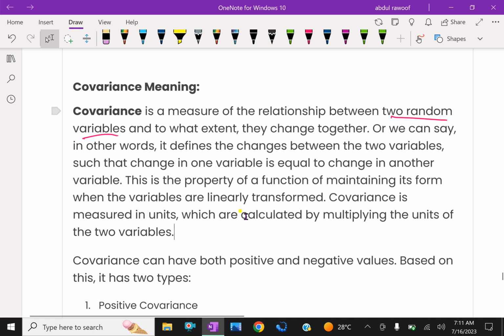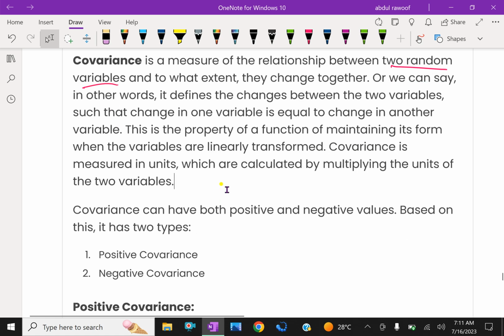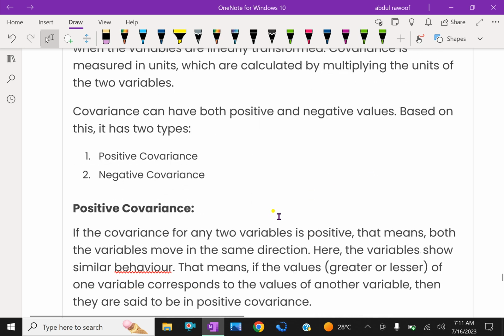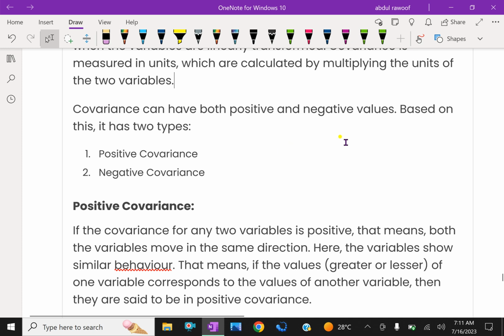This is the property of a function of maintaining its form when the variables are linearly transformed. Covariance is measured in units, which are calculated by multiplying the units of the two variables. Covariance can have both positive and negative values. Based on this, it has two types, positive covariance and negative covariance.